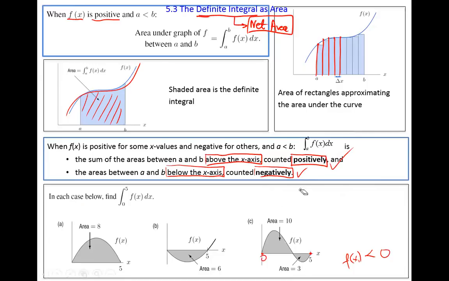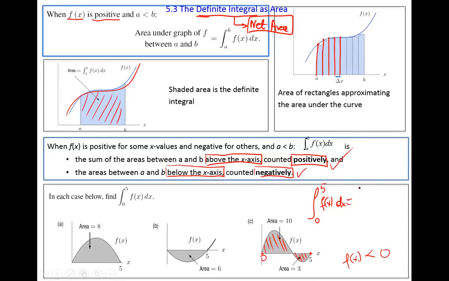Looking at this picture, can we compute the integral from 0 to 5 of f of x dx? We can see that this area is 10, this one is 3. What will be the total of this integration?